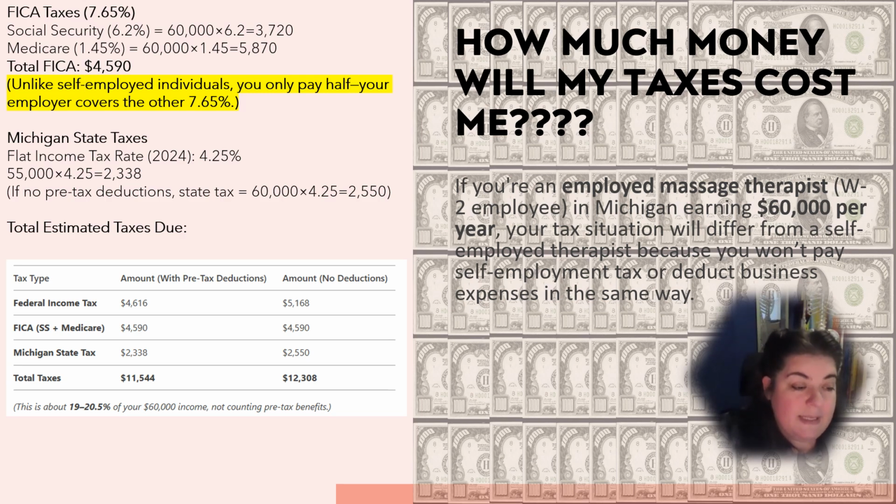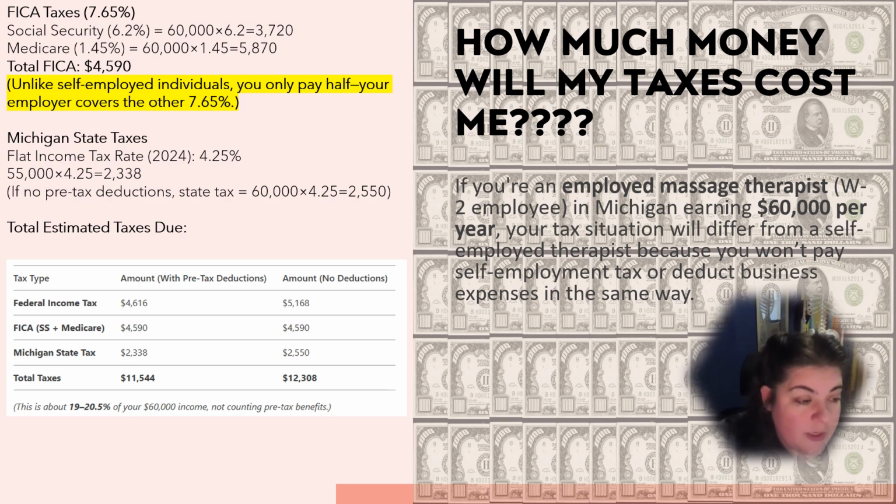Now, your total estimated taxes due. The federal income tax is going to be with pre-tax deductions. All right, this is with the 5,000 you pay towards health insurance. All right, and your retirement is going to be 4,600 for federal income, 4,600 again for FICA.